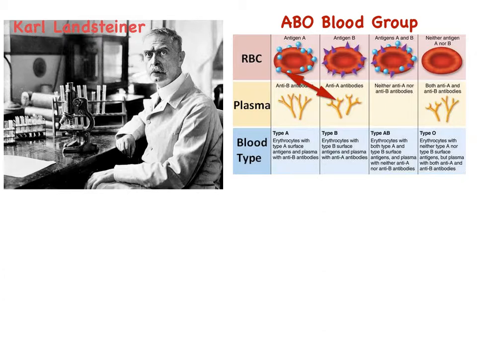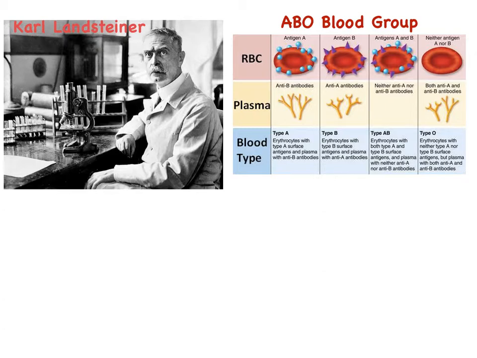The same way we have the AB blood group. These people have both the antigens on their RBC surface, so it's logical that they do not have any antibodies against antigen A or antigen B in their plasma.